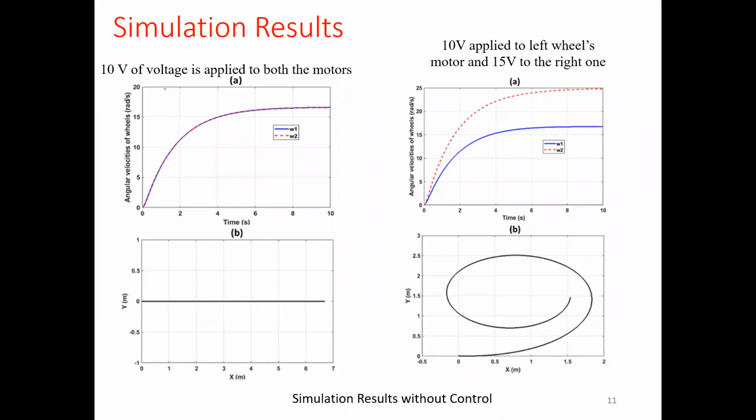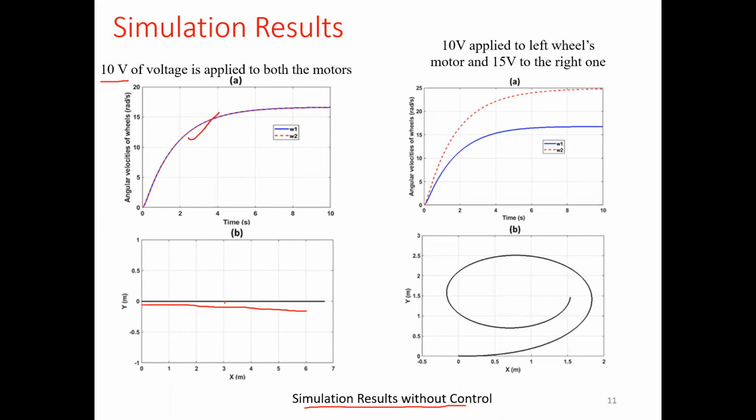From the simulation results, first we check our bond graph model, without applying any control, to check whether the model is correct or not. We give the same voltage to both motors, and this is the angular velocity. Of course, those angular velocities will be the same when we give the same voltage. We see the trajectory, and the robot moves in the X direction only, with no change in position in the Y direction, which is an expected result because we are giving the same voltage to both wheels.